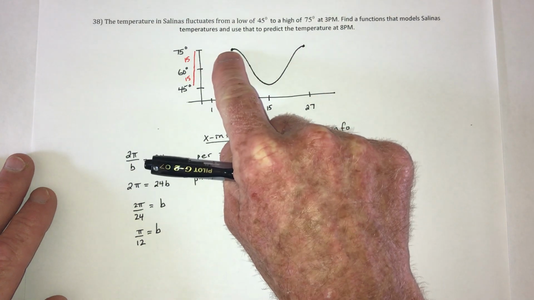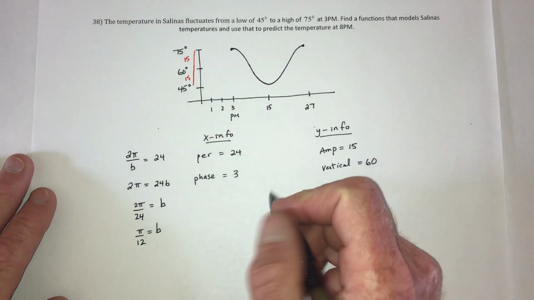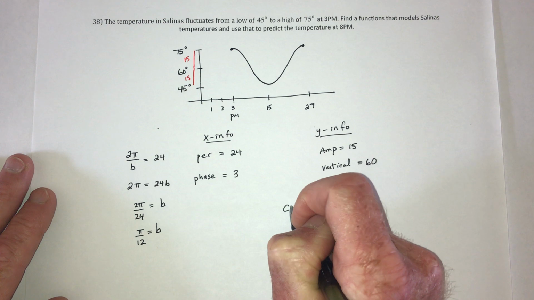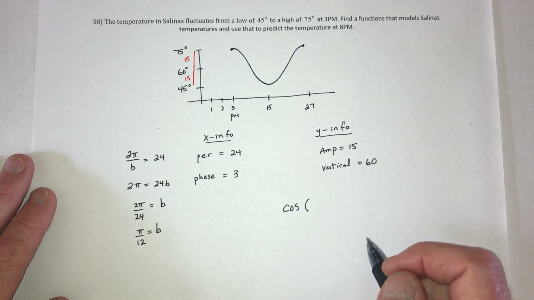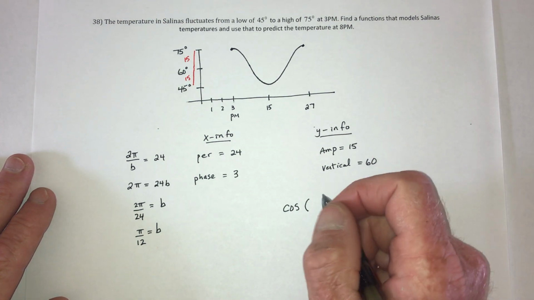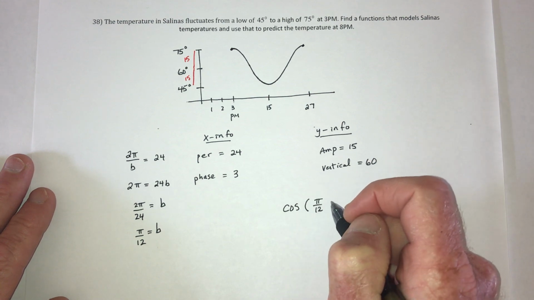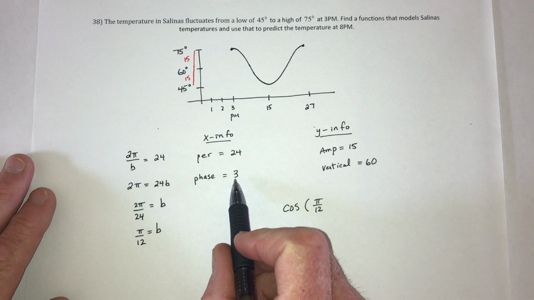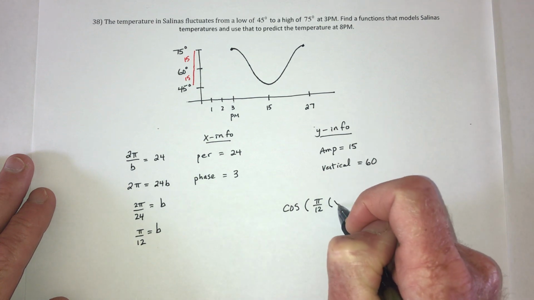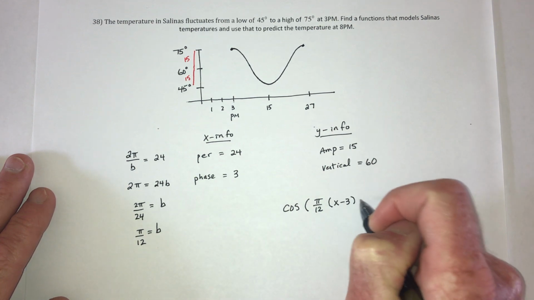Since it's starting at the top and then going down, that's cosine. So it's going to be cosine. And then it needs to be pi over 12. And when you have a phase shift, you have to write it in factored form, x minus 3.